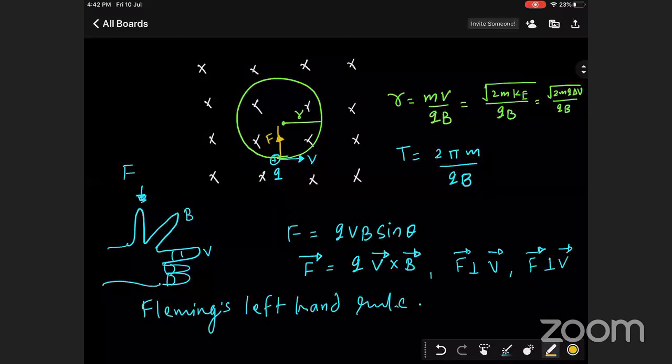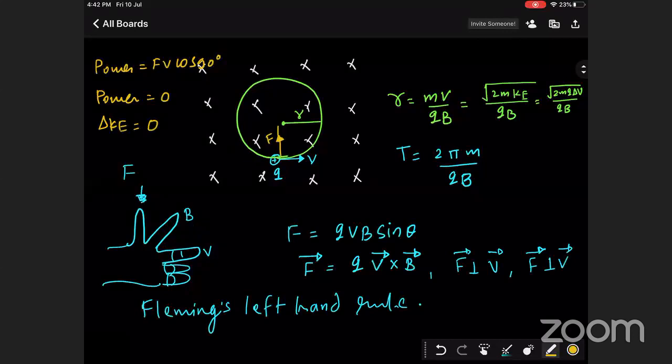Because force is always perpendicular to velocity, power delivered is 0. Power is equal to Fv cos 90. So power delivered by the magnetic field to the charged particle is 0. That's why change in kinetic energy is also 0. Because there is no change in kinetic energy, speed is constant.